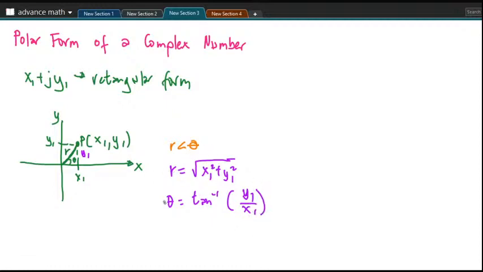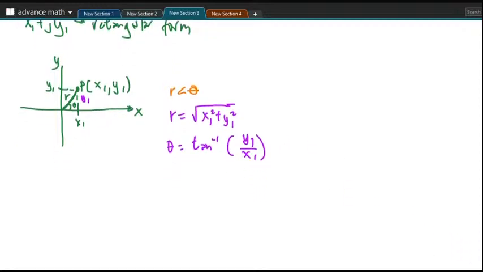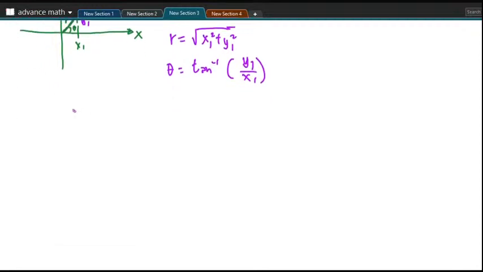This is now how we get the polar form of our complex number. For example, we have this rectangular form of a complex number, 7 plus j of 5, and we are going to convert this into r angle theta, the polar form.